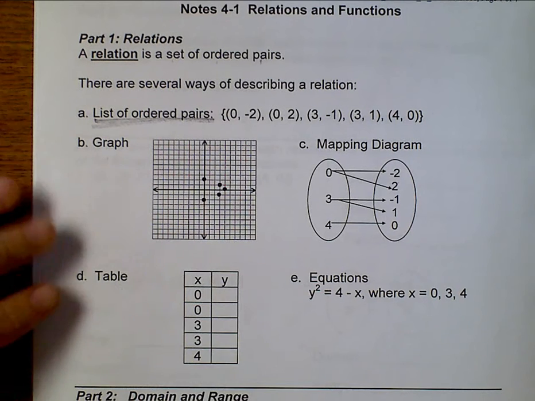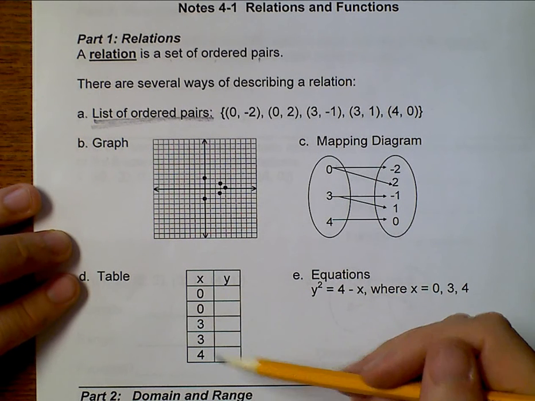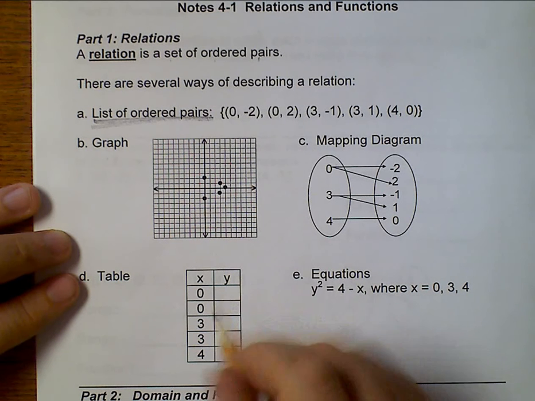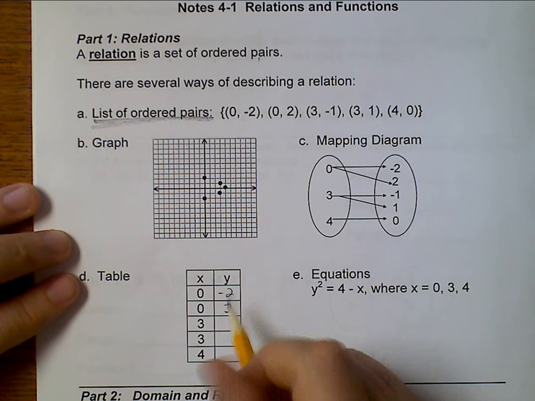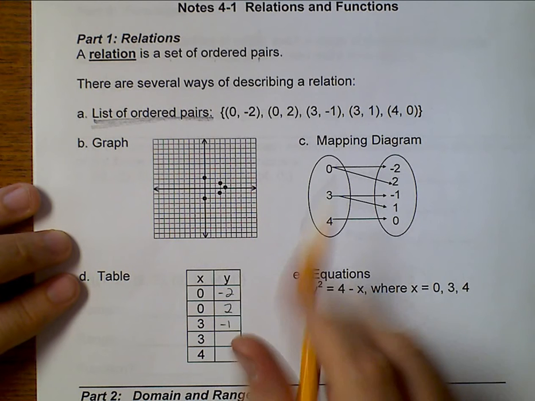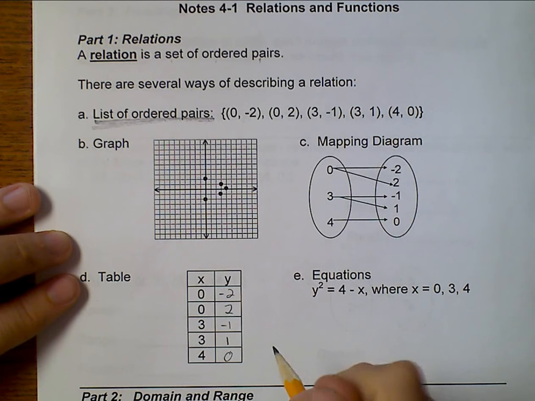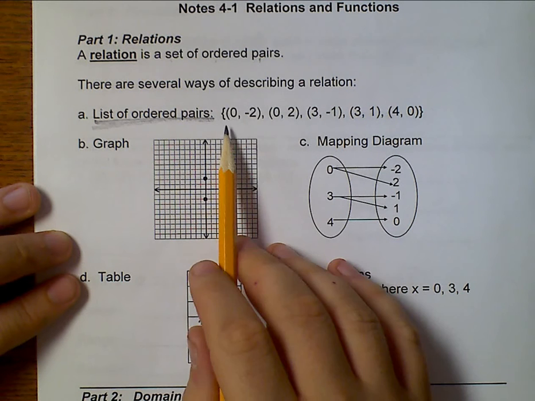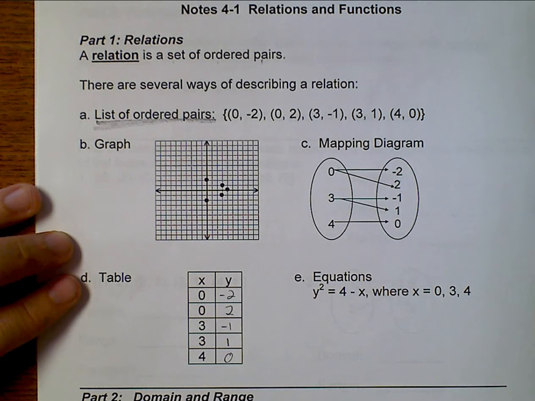We can also have a table where I list my x values and my y values. And so I have 0, -2, 0, 2, 3, -1, 3, +1, and 4, 0. Again, I could have got them from here, here, or here, because all of this is the same.